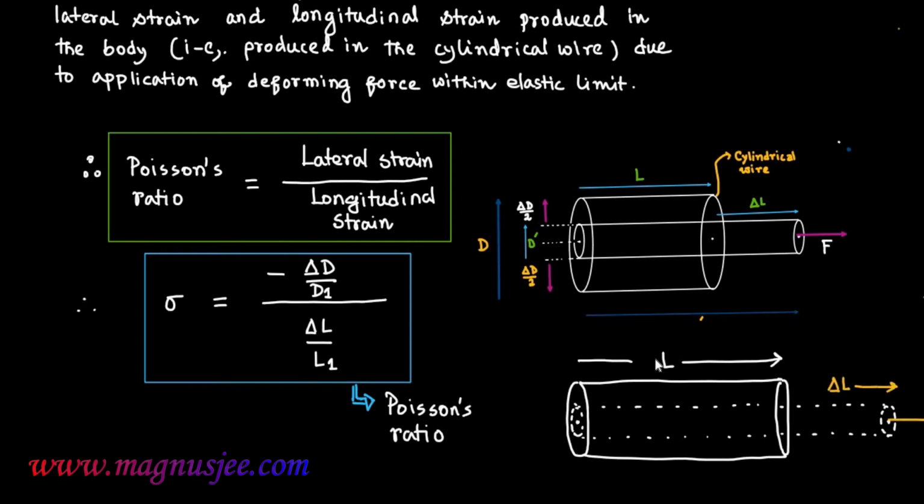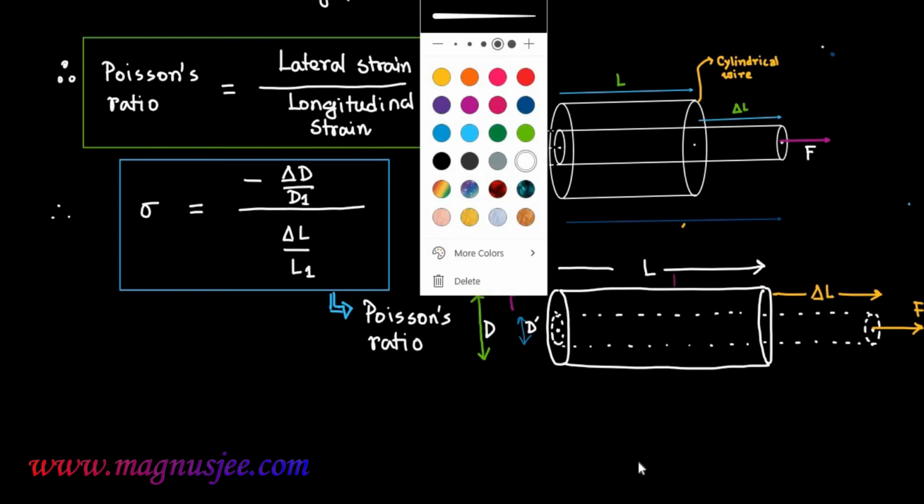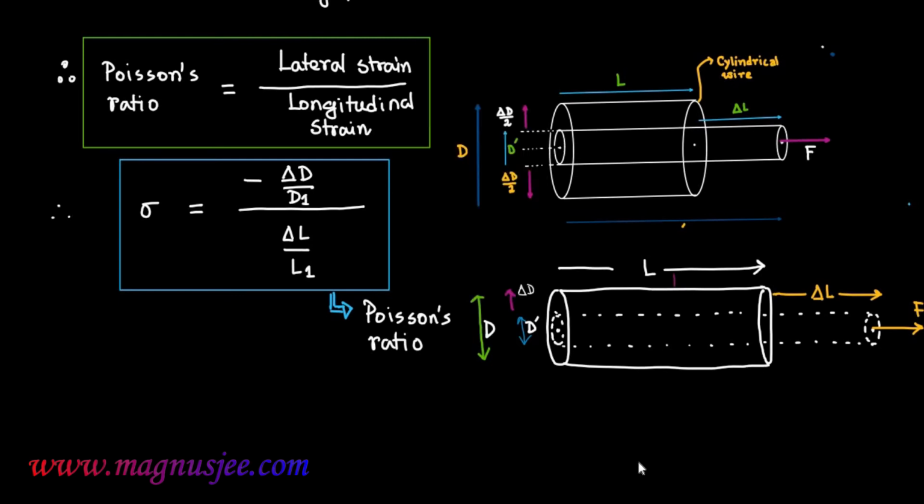F is the deforming force and delta L is the change in length or increase in length. And we can denote initial diameter D and final diameter D prime, and half of change in diameter, that is delta D by 2.